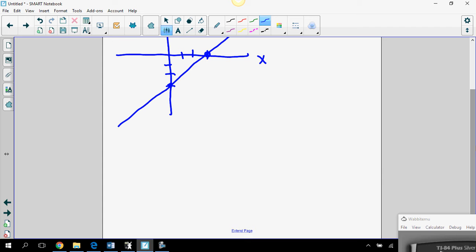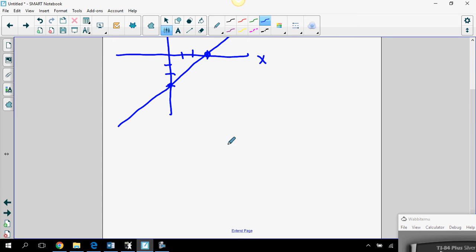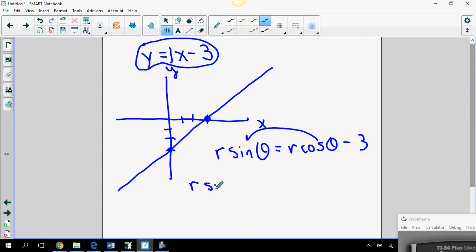Now, we know y = r sin θ, x = r cos θ, minus 3. Bring it over: r sin θ − r cos θ = −3.